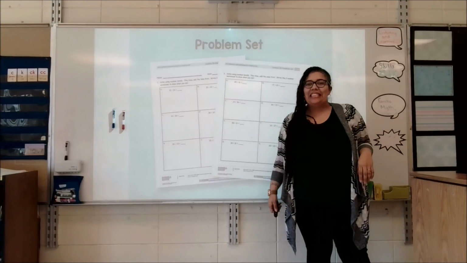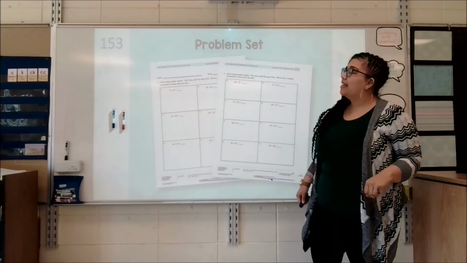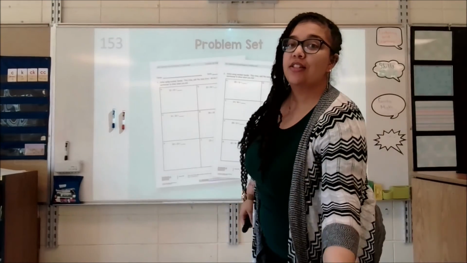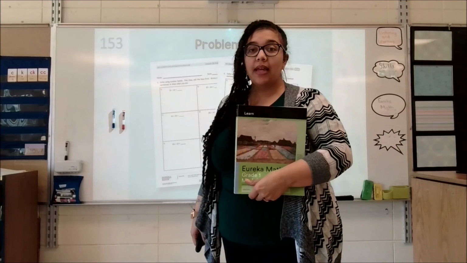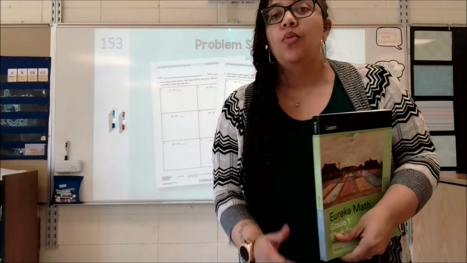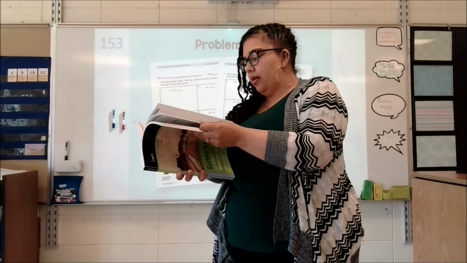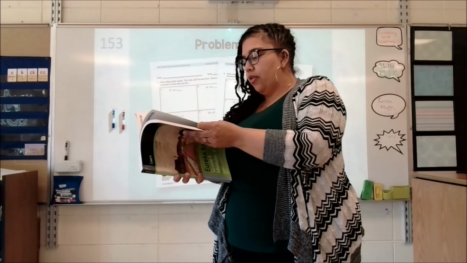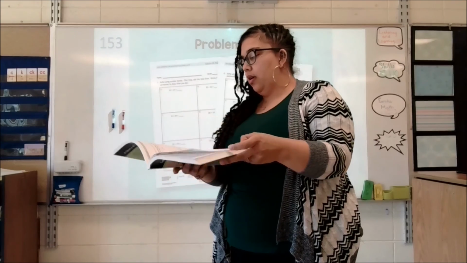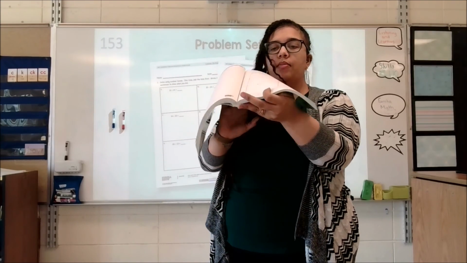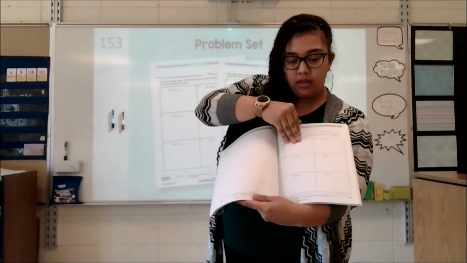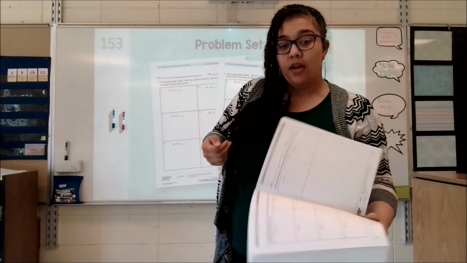Got it. So our problem set today is on page 153. So going back to our Learn book where our application problem also was, we take a look here, 153. If you notice, we are almost done with module 4 because we're way deep in the book. So 153, front and back.